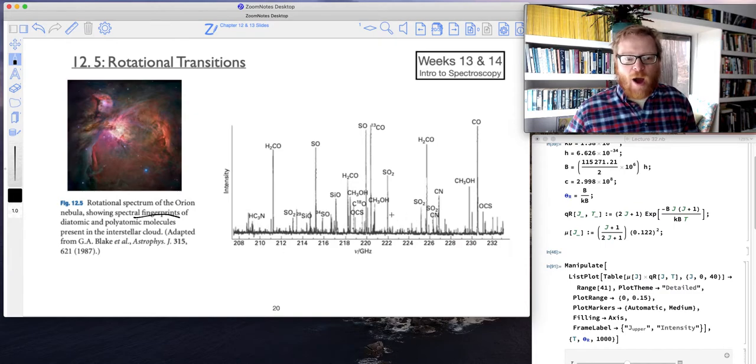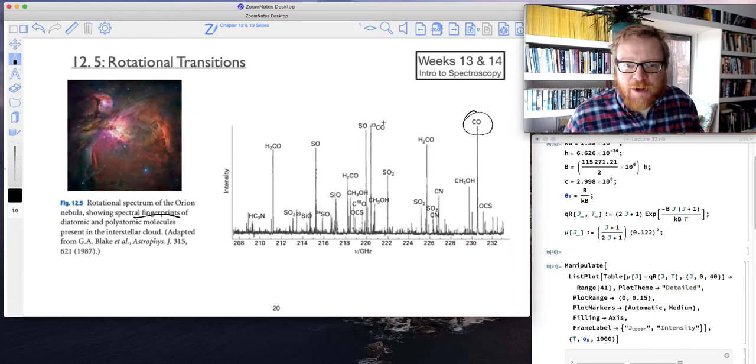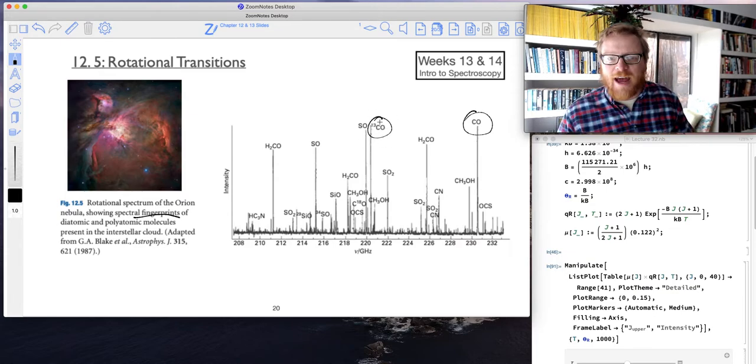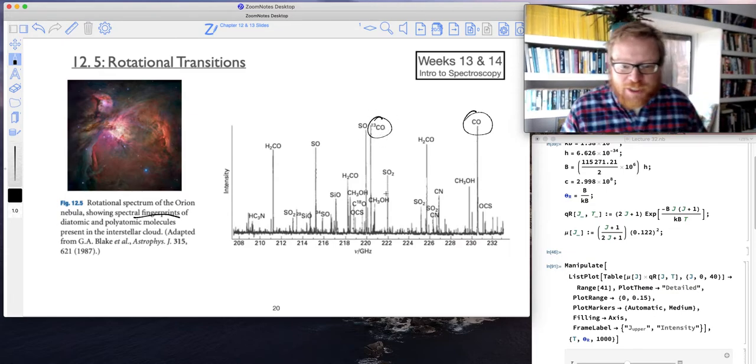Okay, and so you can see there's loads and loads of simple molecules in that Orion Nebula. And specifically, we've been using carbon monoxide as our example. Well, check it out. Here's some carbon monoxide. And then here's some more carbon monoxide. That's carbon-13 oxygen.